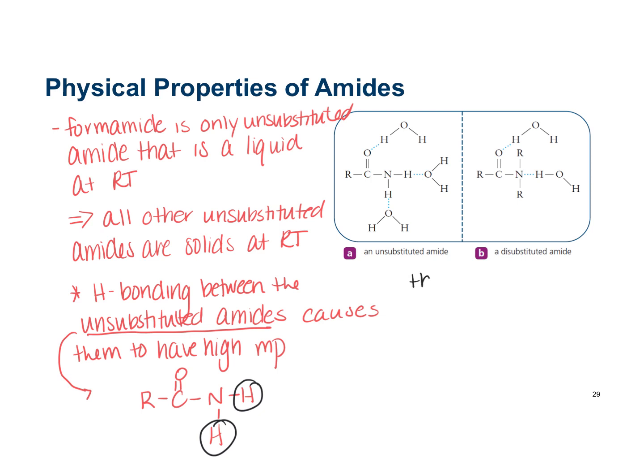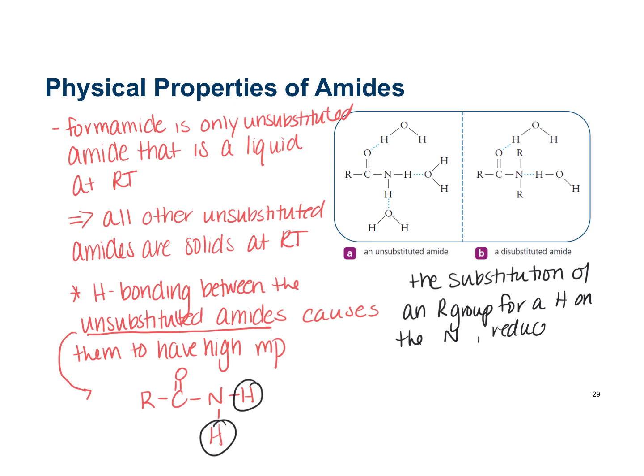The substitution of an R group for a hydrogen on the nitrogen reduces hydrogen bonding, and what that means is the melting point will decrease because of that reduced hydrogen bonding. So that means that disubstituted amides often have lower melting and boiling points than monosubstituted or unsubstituted amides.